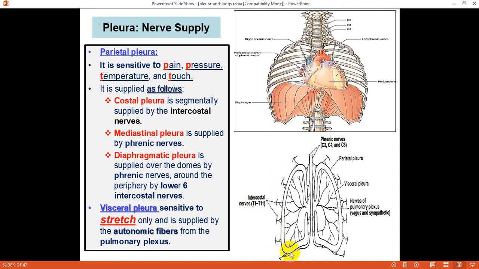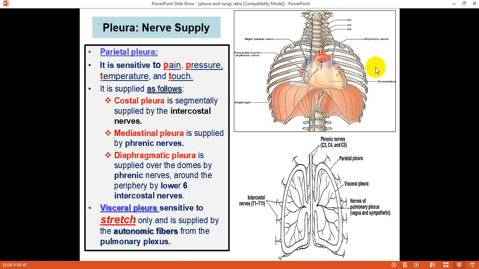We also know that the peripheral part of the diaphragm is supplied by the lower 6 intercostal nerves. Then the central part of the diaphragmatic pleura is supplied by the phrenic nerve, which is extending from the medial surface up to it. We already know that the central tendon of the diaphragm is supplied by the phrenic nerves, root values C3, C4, C5, and it is a branch of the cervical plexus formed in the neck.